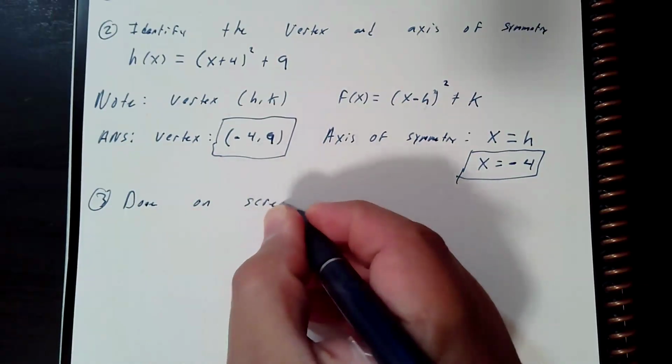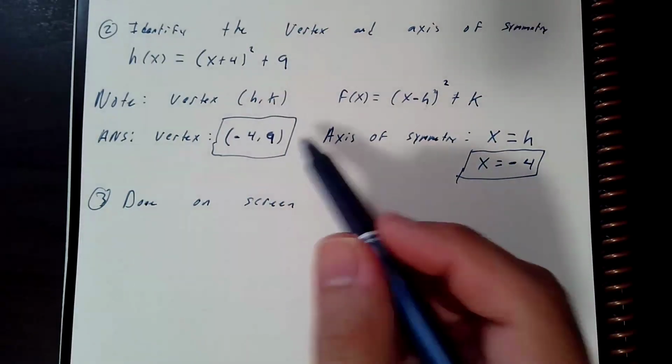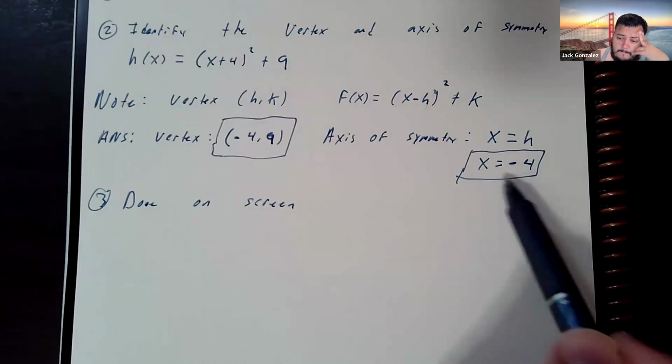The axis of symmetry is the x, where it crosses the x area. Yeah, the x value of the vertex would be what you use for the symmetry.